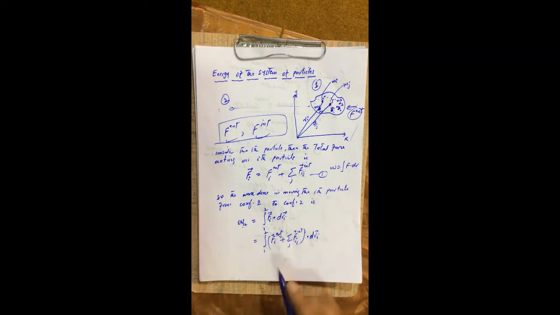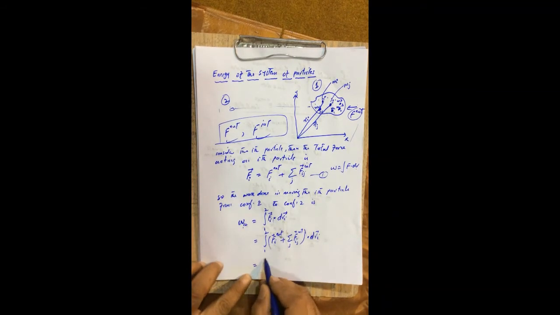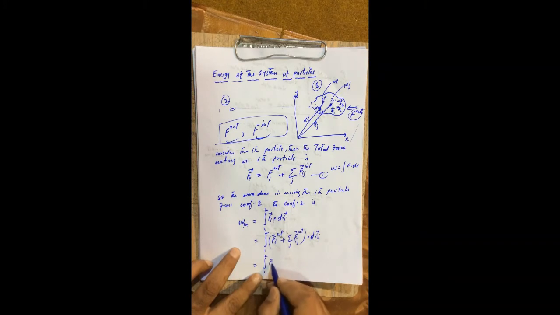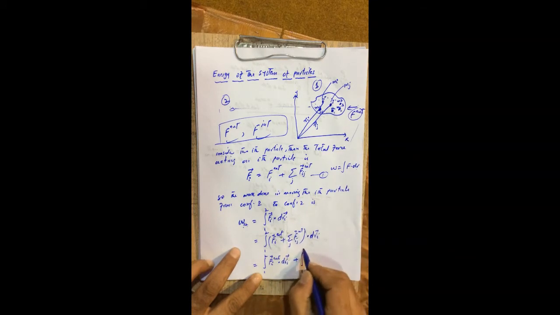Now if I apply the integral separately, this equation can be written as: integral from 1 to 2 of Fi external dot dri, plus integral from 1 to 2 of the sum over j of Fij internal dot dri.